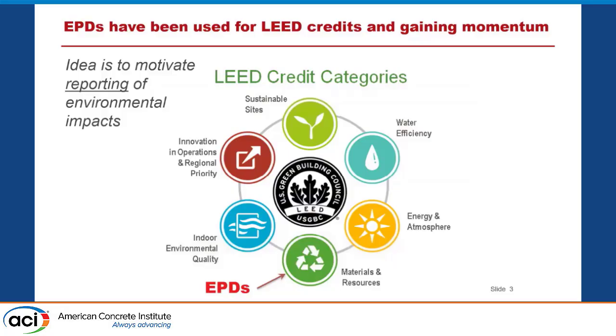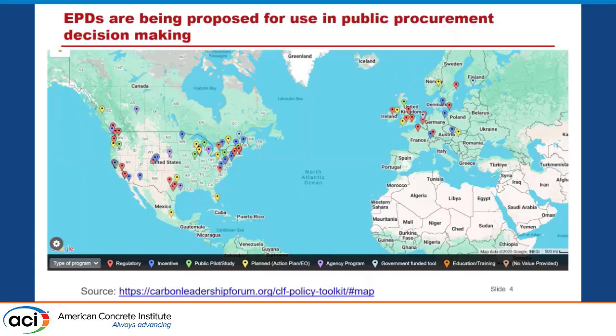You collect a certain number of EPDs and you're eligible for the credit, and if you can show that you are below the benchmark value, you can get additional points about the LEED certification system. But since then, there is a lot of difference, and there is much more momentum around EPDs that I wanted to share this screenshot from the Carbon Leadership Forum with you, that you can see there is a lot of different applications for EPDs, starting from using EPDs for regulatory purposes.